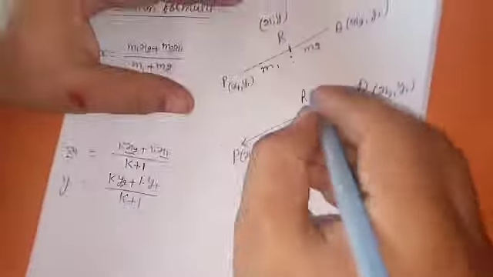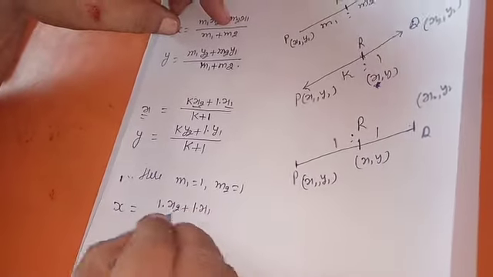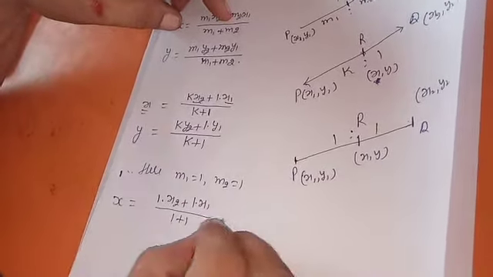Here m1 equals 1, m2 equals 1. Applying the formula, x is equal to (1 into x2 + 1 into x1) by (1 + 1), meaning (x1 + x2) by 2. y is equal to (1 into y2 + 1 into y1) by (1 + 1), which is (y1 + y2) by 2.